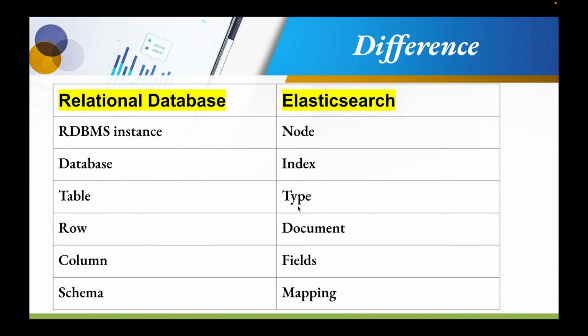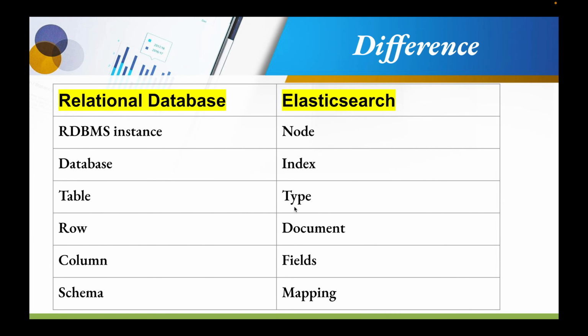Next, the difference between relational databases and Elasticsearch. The database instance you can treat as a node in Elasticsearch, and the database as an index. The table, in earlier versions we used to call a type, but type won't be supported in the current version.